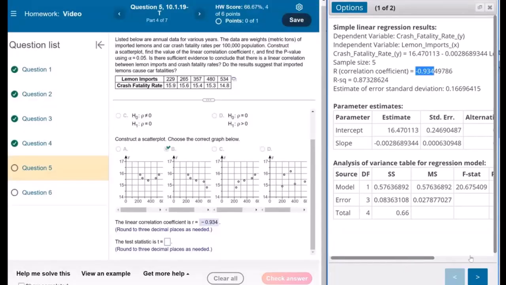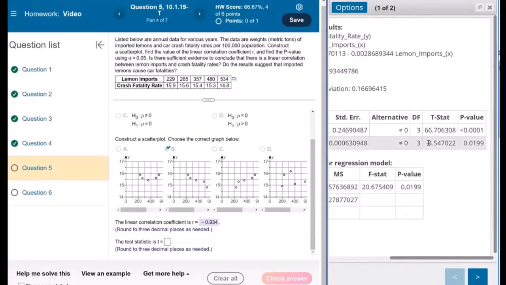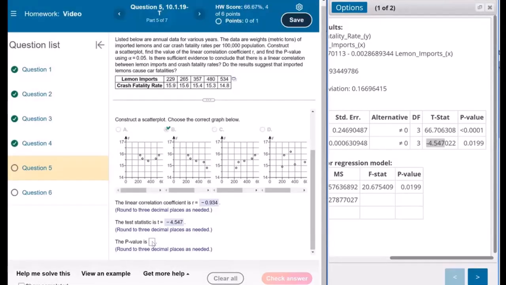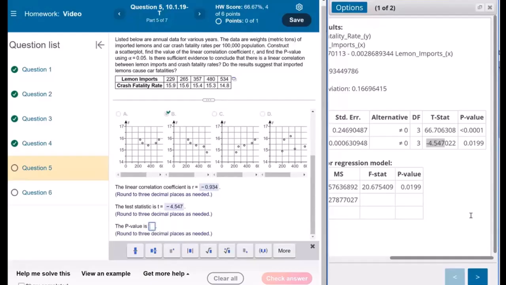And our test statistic, t-stat, again, we're looking for the one for slope to 3 decimal places. And the p-value. There's my p-value right there. Again, I only care about the one for slope to 3 decimal places.